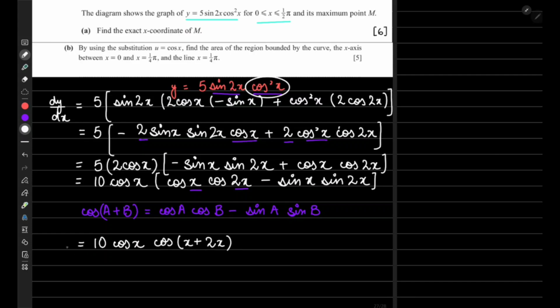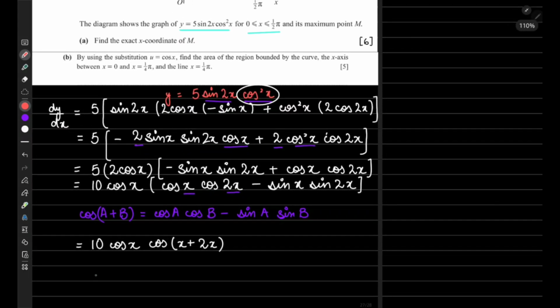Now we know that for the maximum point, dy by dx must be equal to 0. So we are putting this equal to 0.